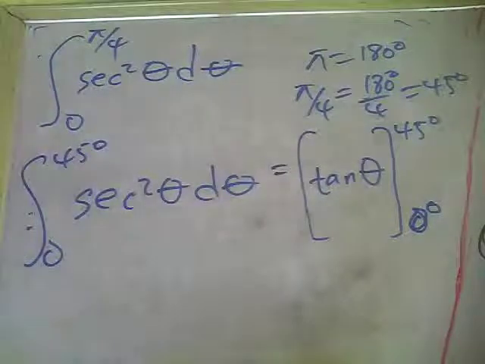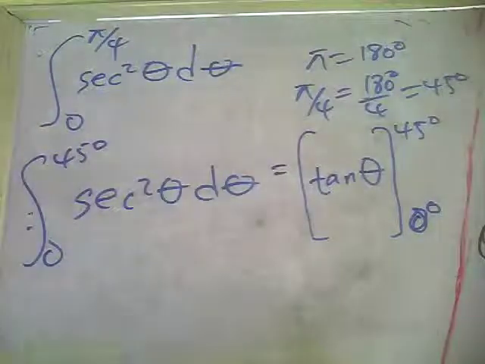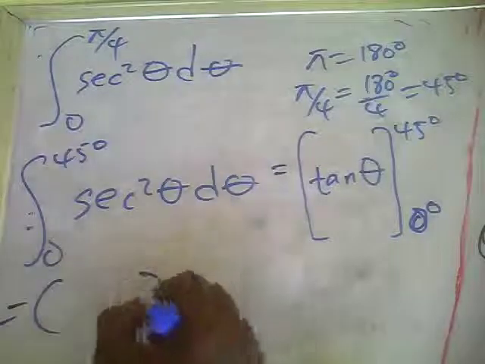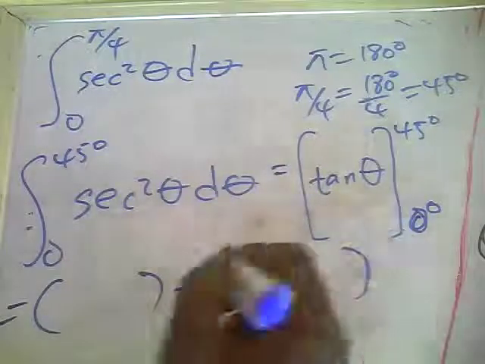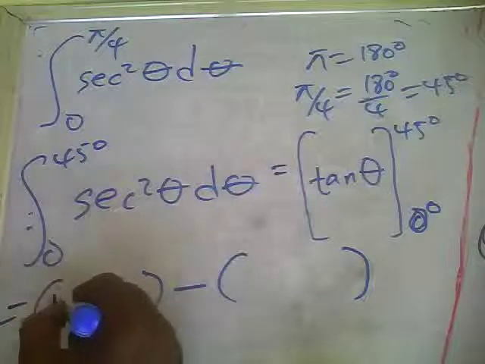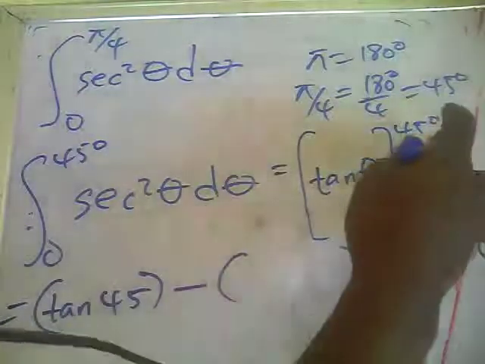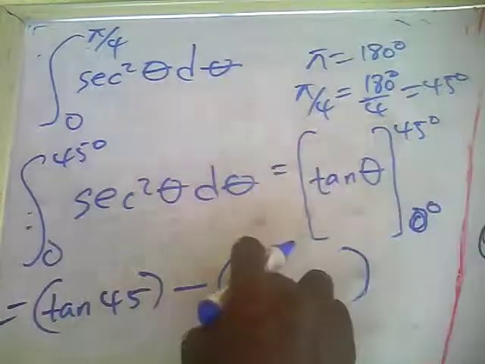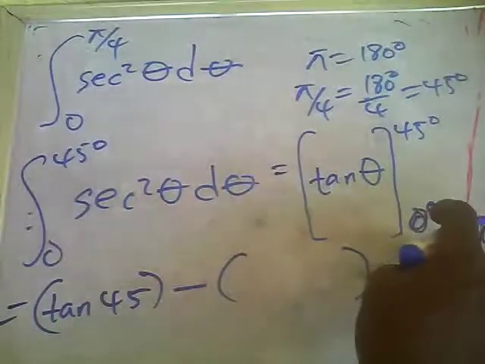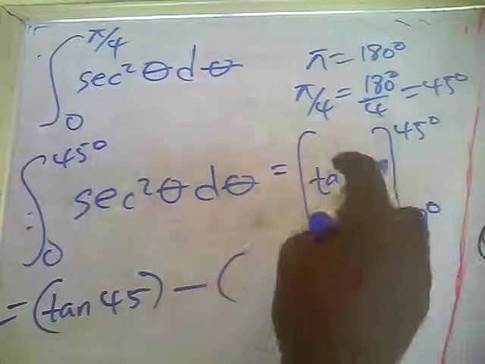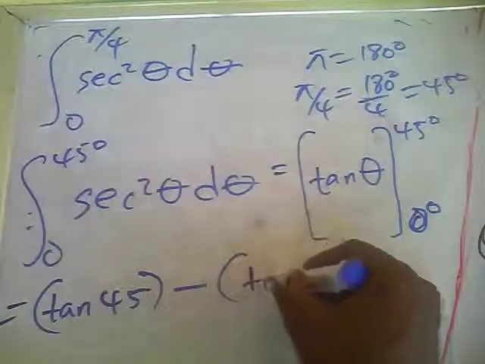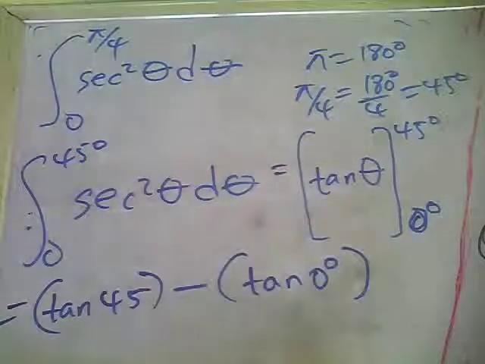Okay? Now if we have that, then we have to open two brackets, subtracting them. Tan, instead of writing theta, we write the upper limit 45, then repeat the function, but this time around put in the lower limit. Tan 0 degrees.